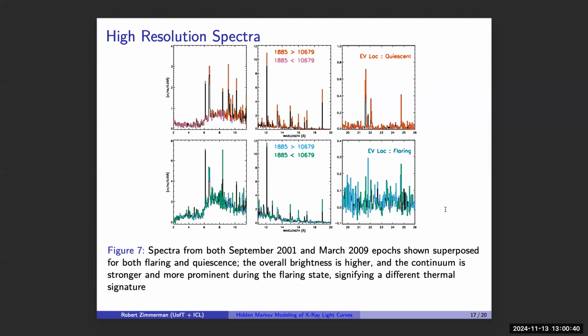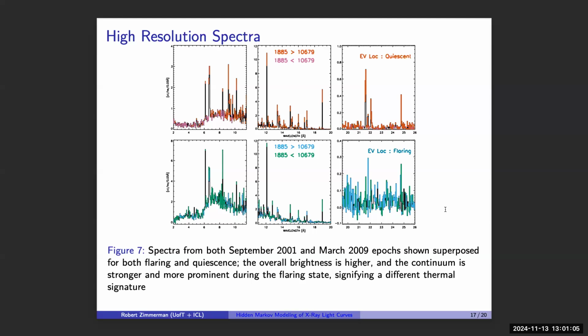In other words, is the temperature staying the same and you're just scaling by some amount? For the quiescent part, yes, the temperatures are almost identical. I think it was like 1.2. I don't remember the numbers now. It's either 1.25 versus 1.26 or 1.35 versus 1.36, that sort of thing.